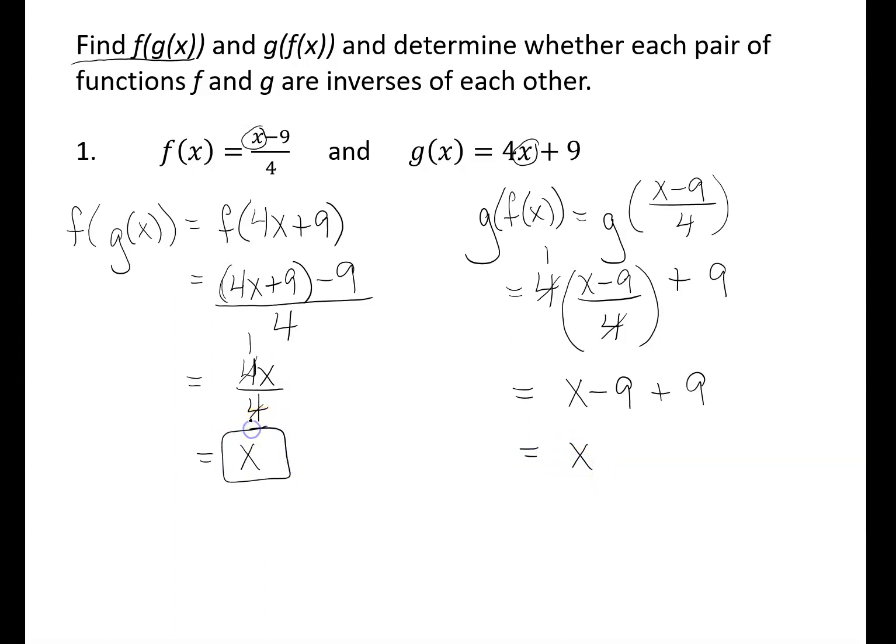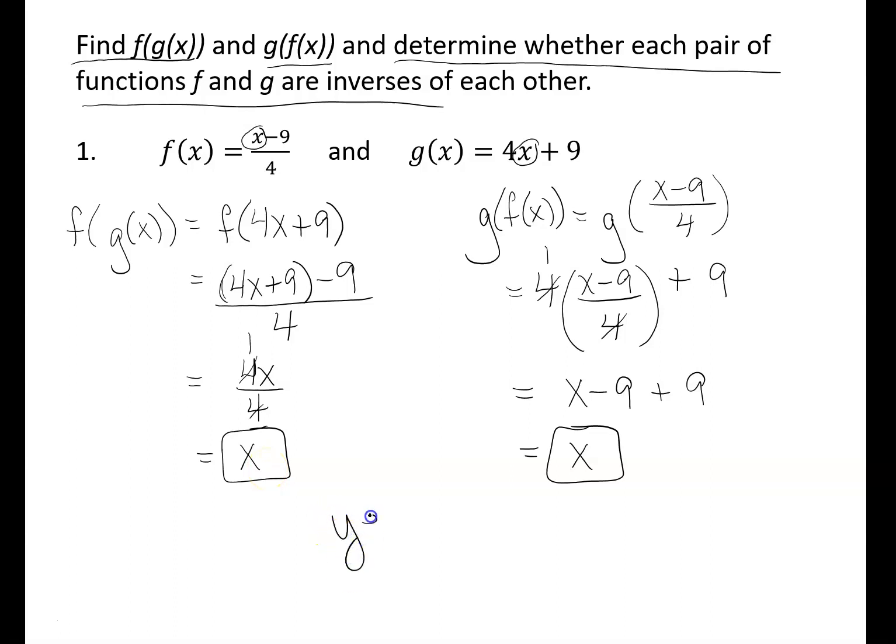So we got x for f of g and x for g of f. If they both equal x, then we can answer the question. So we did this part. Now determine whether each pair are inverses. Since they both equal x, then we would say yes, meaning yes, these functions are inverses of each other.